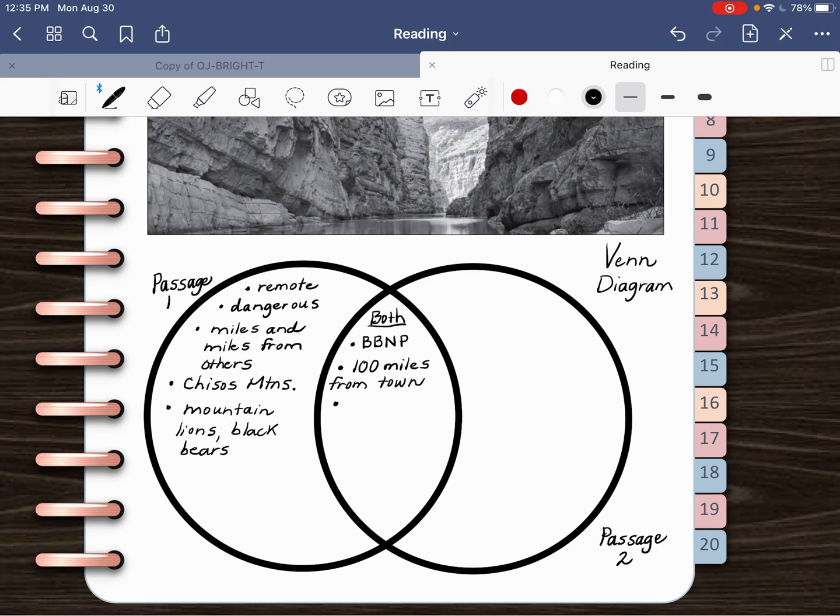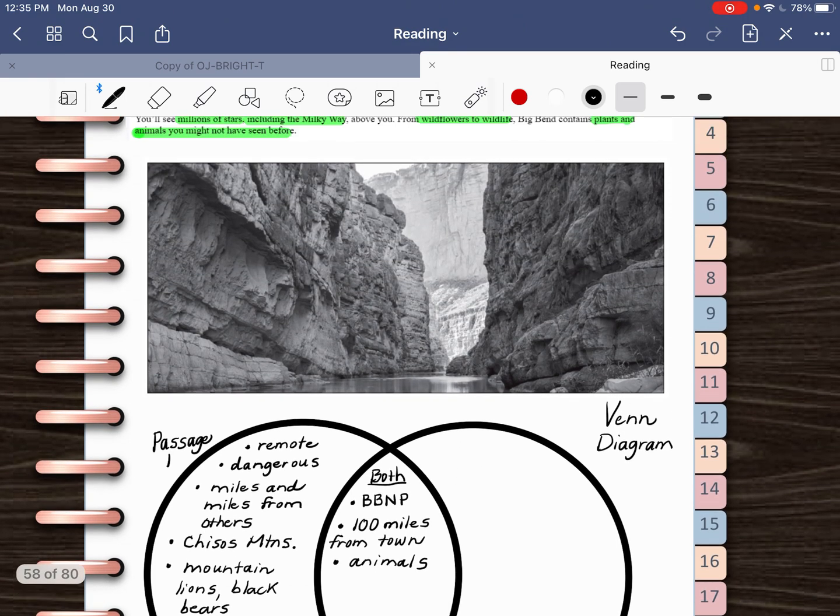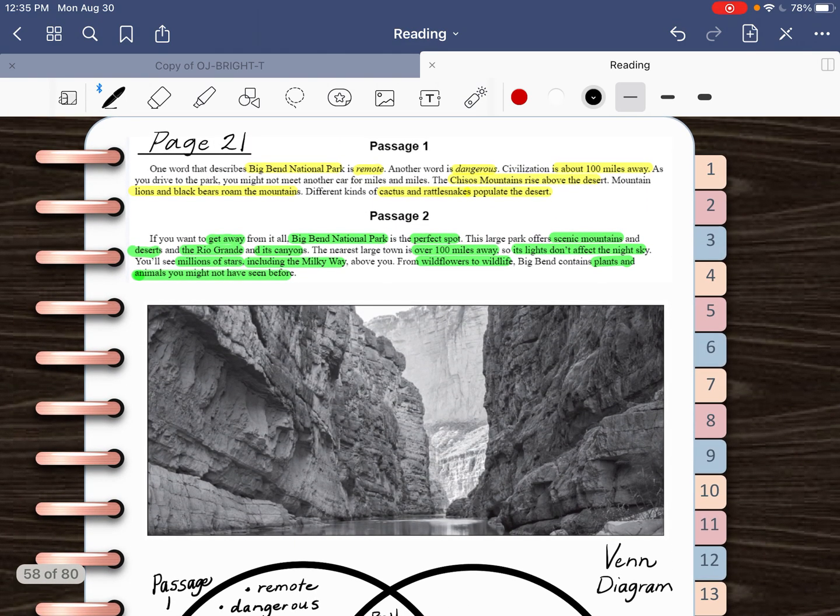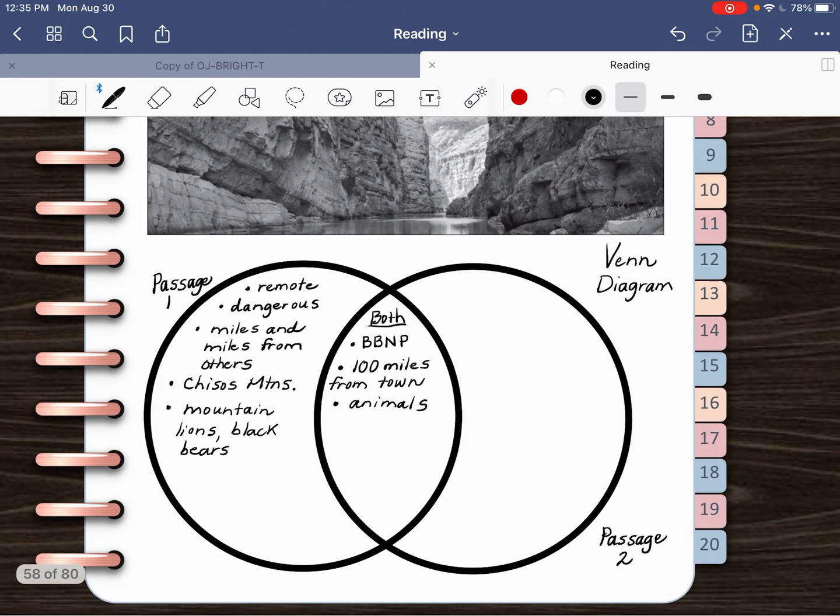So let's go ahead and put that in this circle as well. Cactus and rattlesnakes are also mentioned. Okay.